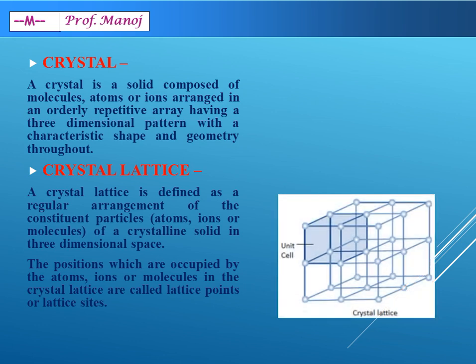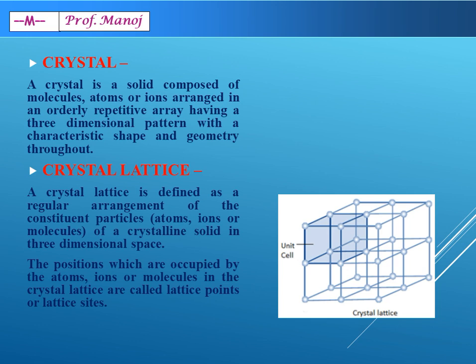You can see in this picture that the darkened cell is a unit cell, and so many unit cells are imagined to join to give a crystal lattice. All the spheres that you see are the constituent particles. So we can imagine that constituent atoms make up one geometrical picture called a unit cell.